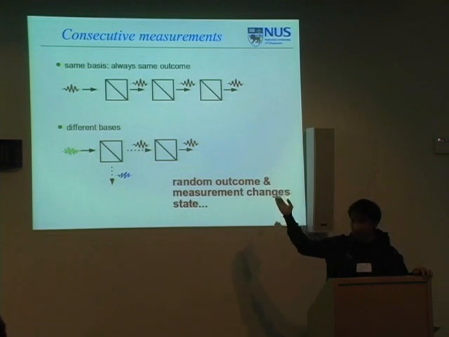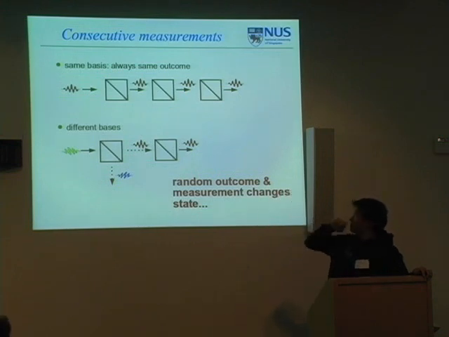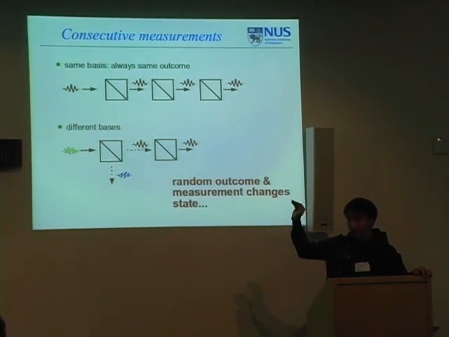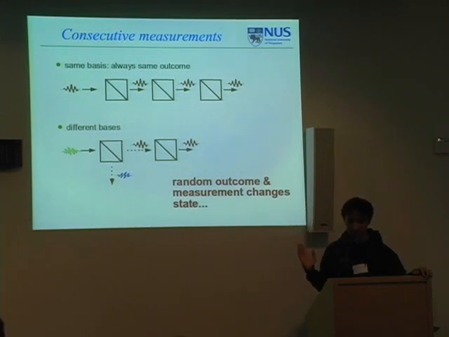It's transmitted, and when it sees a second polarizing beam splitter, it's still transmitted. So what we say is that when the photon polarization states are measured in the same basis, the states are preserved. The outcomes are always the same.